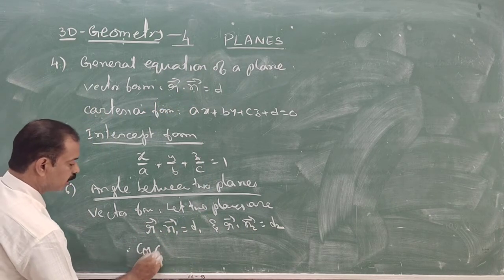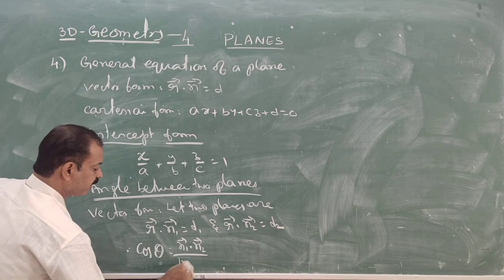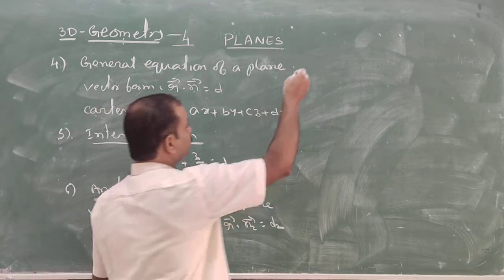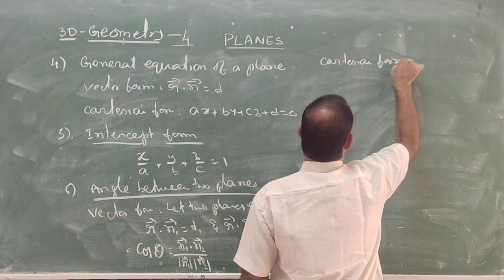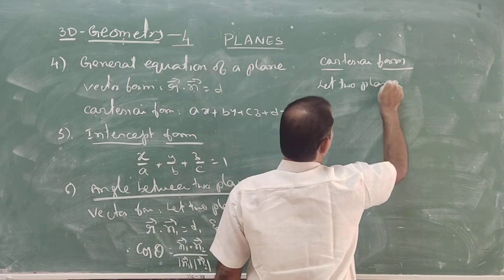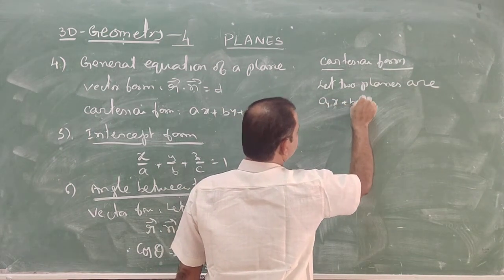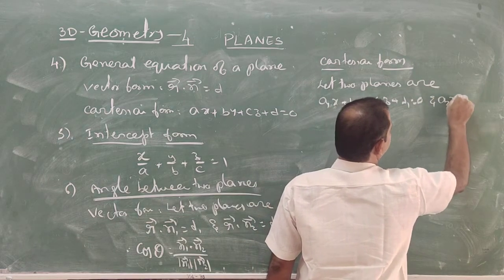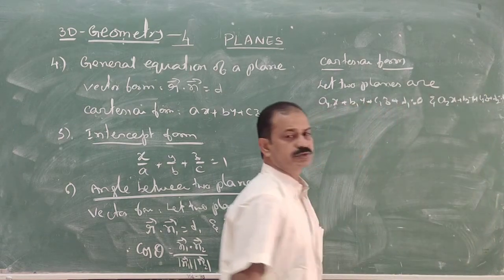Therefore, cos theta is equal to n1 dot n2 by magnitude of n1 into magnitude of n2. Next, when you come to the Cartesian form, let the two planes be a1x plus b1y plus c1z plus d1 is equal to 0, and a2x plus b2y plus c2z plus d2 is equal to 0.